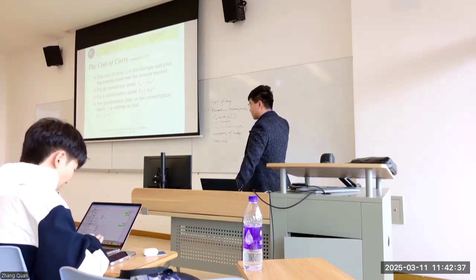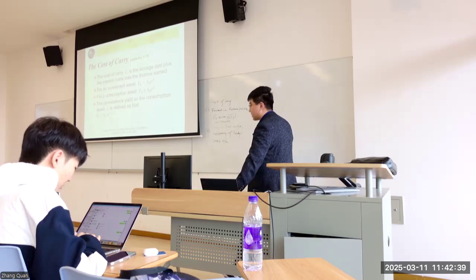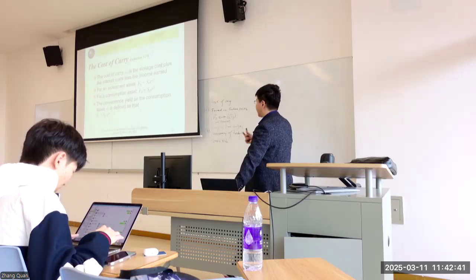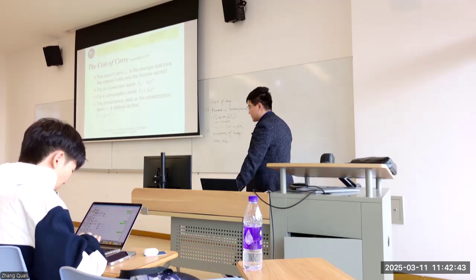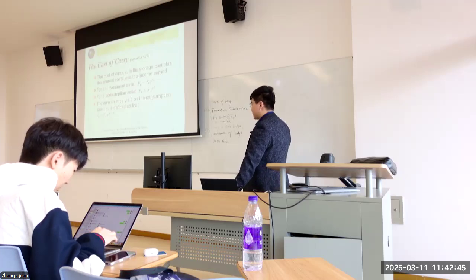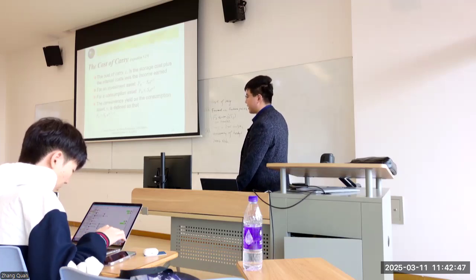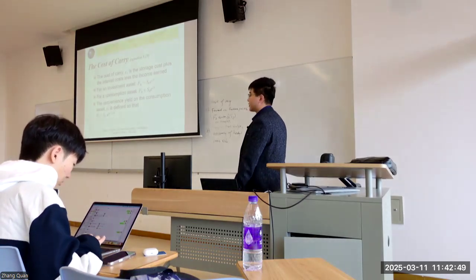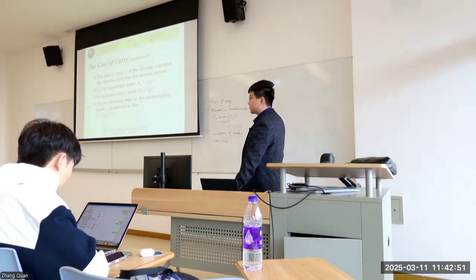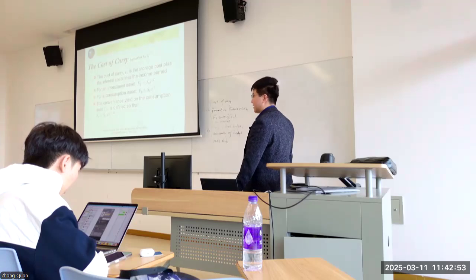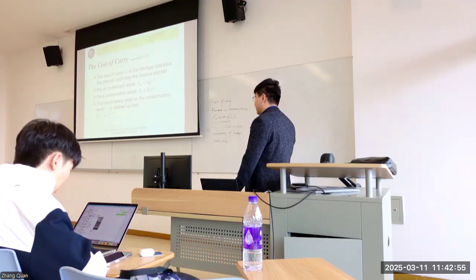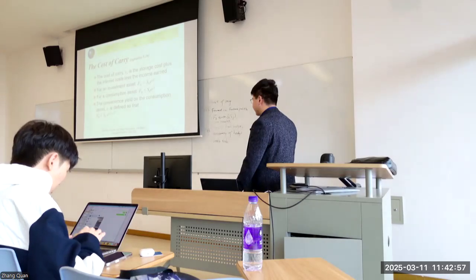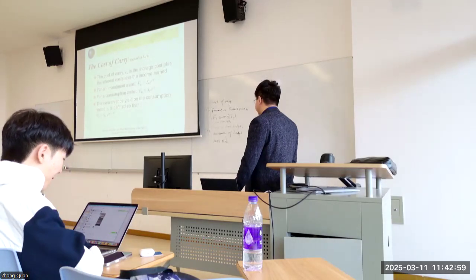In addition to the risk-free rate, you can add a lot of other things: storage costs, dividend income. For a bond, you have coupon income, right? For foreign currencies, the foreign currency interest rate. Those are all kinds of income or cost, positive or negative, to the asset holder.